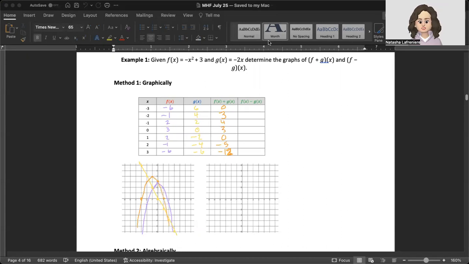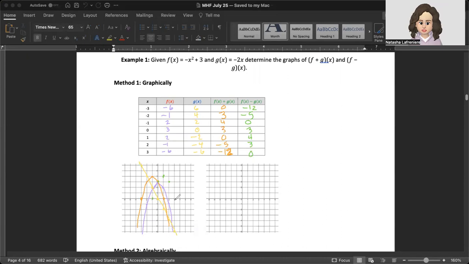And then you're going to do the same thing. I'm going to use a green for this guy. You're going to do the difference of f and g. So you'll do -6 minus 6, which is -12. -1 minus 4 is -5, and so on. Okay, and if you plot those points, it will give you quite the mess.